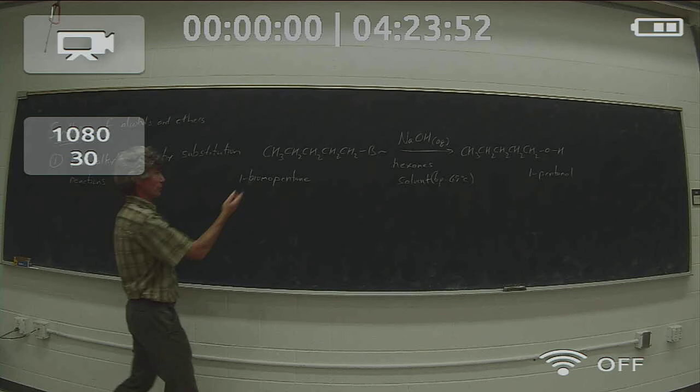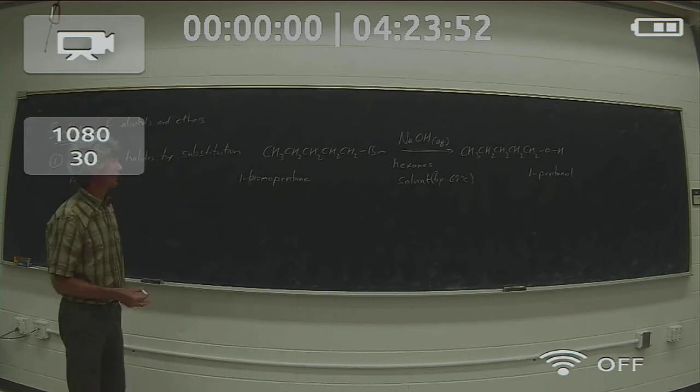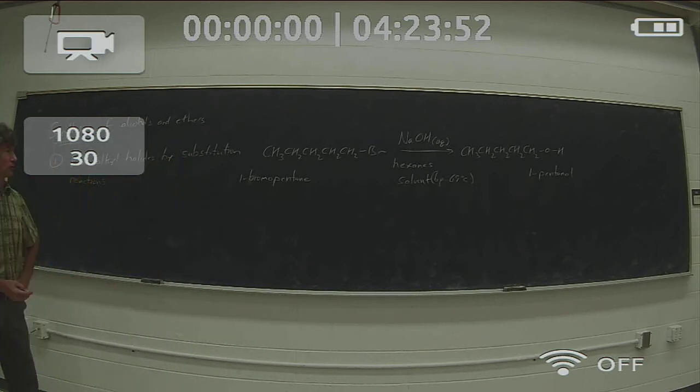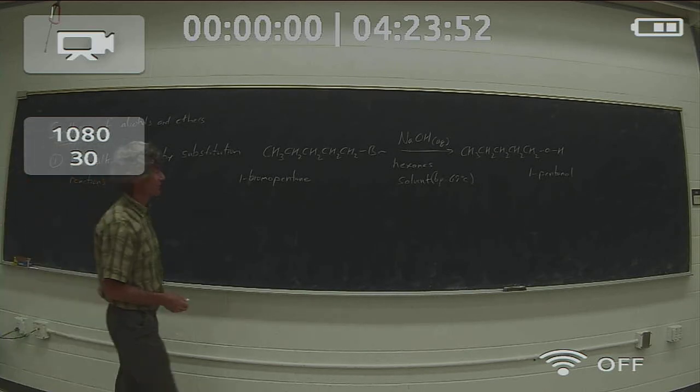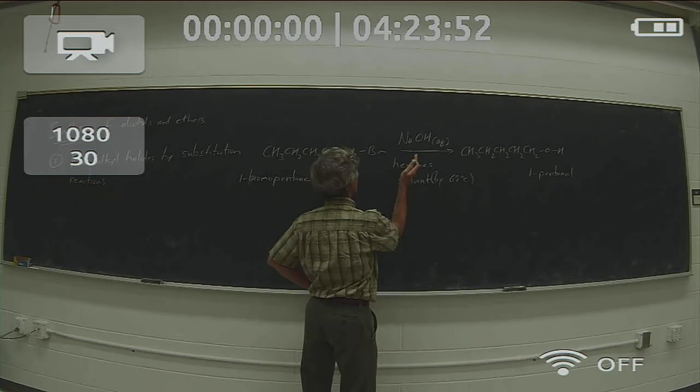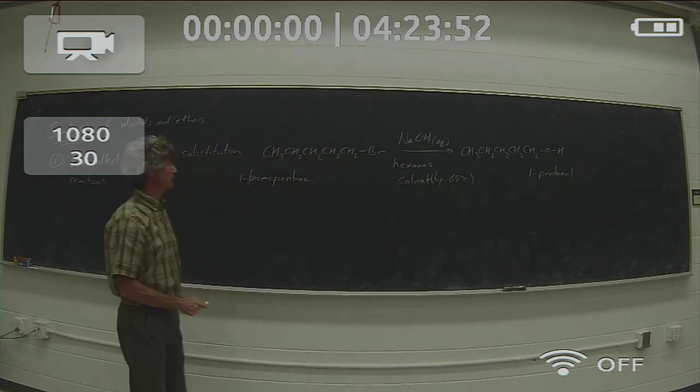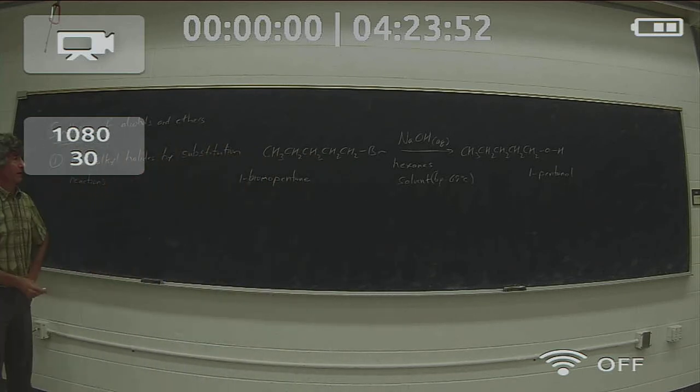And you will do a reaction very similar to this in the lab, where you take 1-butanol and react it with a mixture of concentrated HCl and HBr, and do the reverse reaction. So we're working with aqueous sodium hydroxide, hexane to dissolve the non-polar bromopentane, and an SN2 reaction is favorable in this case, right?